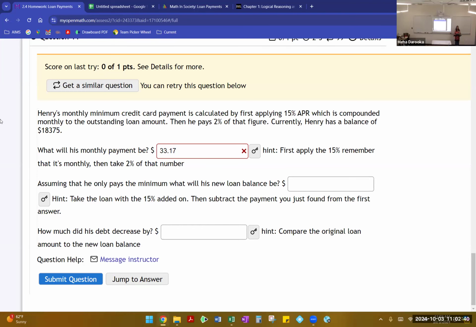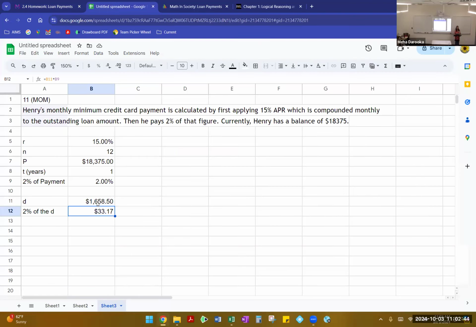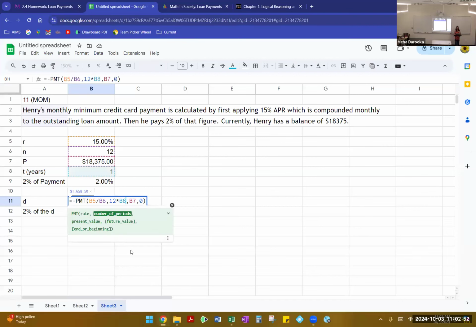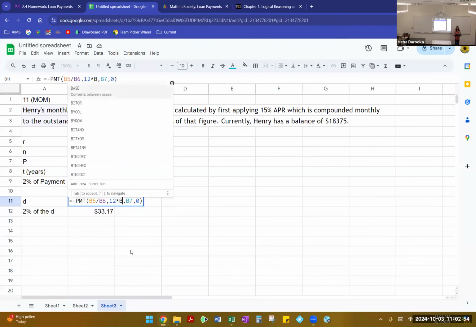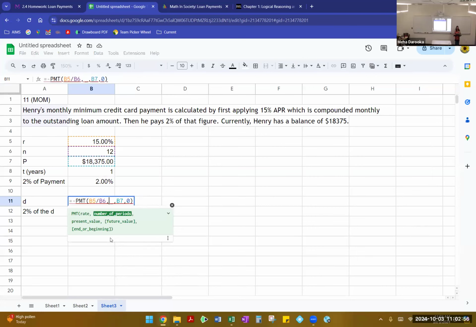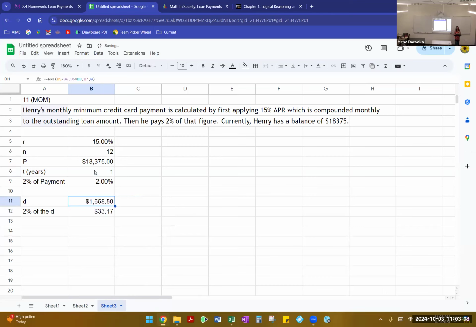My only other argument would be, instead of 12, do we do the exponent here? R divided by N, then we do N times T. No, it's still the same math.